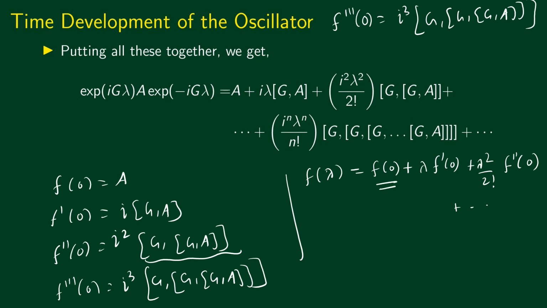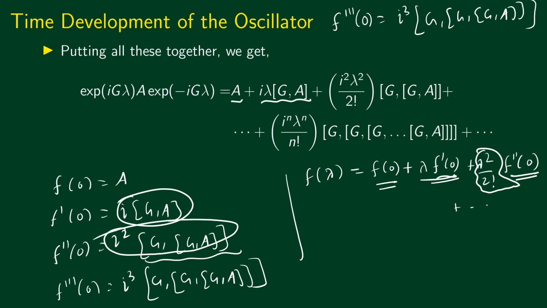f of 0 is A. So exponential ig lambda A exponential minus ig lambda becomes A plus lambda multiplied by f prime of 0. We have f prime of 0, i multiplying the commutator of G with A. So the second term becomes i lambda multiplying the commutator of G and A. Here we have lambda square divided by 2 factorial multiplying f double prime of 0, and f double prime of 0 is i square multiplied by this term. Let me substitute, and the third term becomes this.